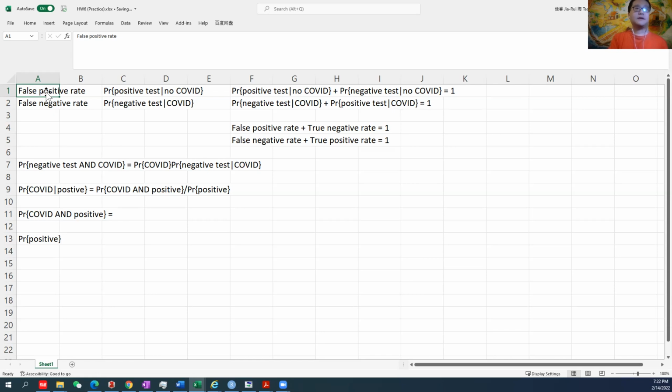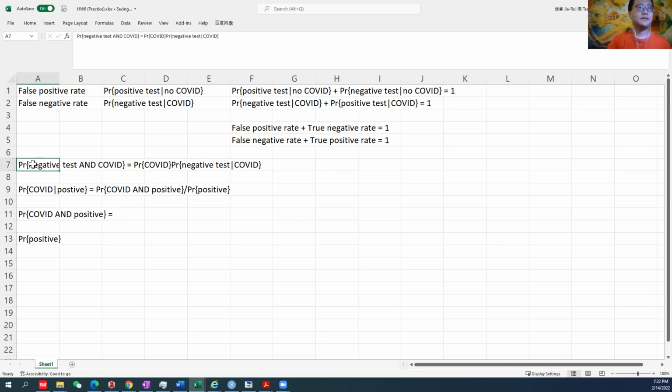The other relevant but different concept, a person without COVID and getting a positive test, is different from a conditional probability.